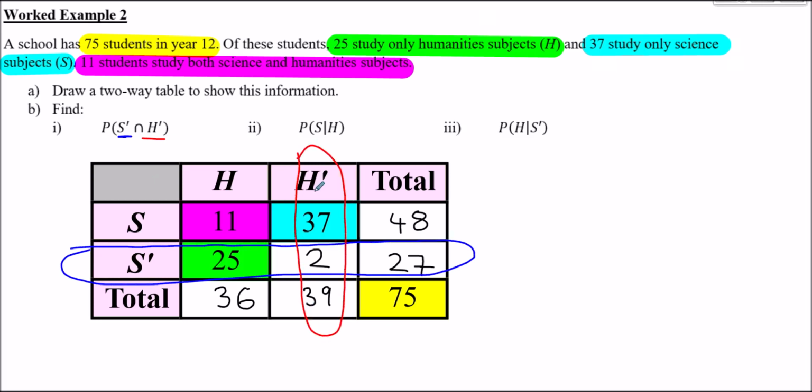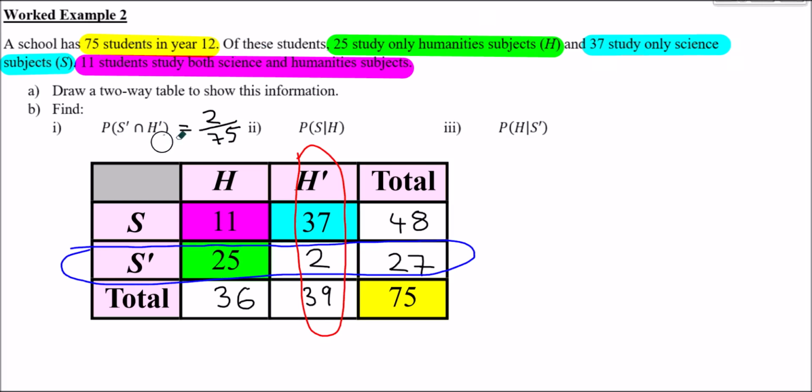Where they intersect, where they overlap, you can see is 2. So that there is just 2 individuals. There are 2 items in the intersection, but because you want a probability, that needs to be out of the total in the sample space. Because it's not conditional on anything else, we're talking about all the 75 students. So that's 2 over 75.